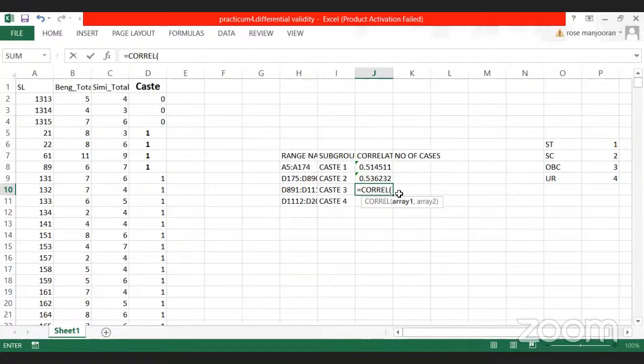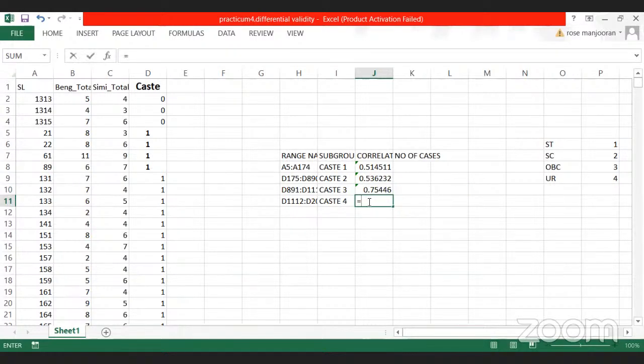So here for CAS 3, it will be B891 to B1111, a comma, then C891 to C1111. Then you get the correlation.